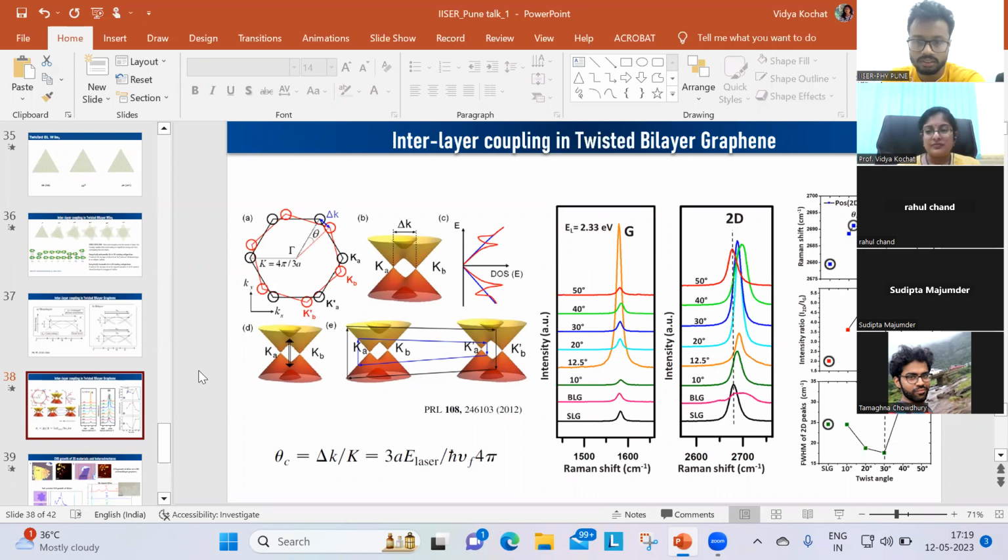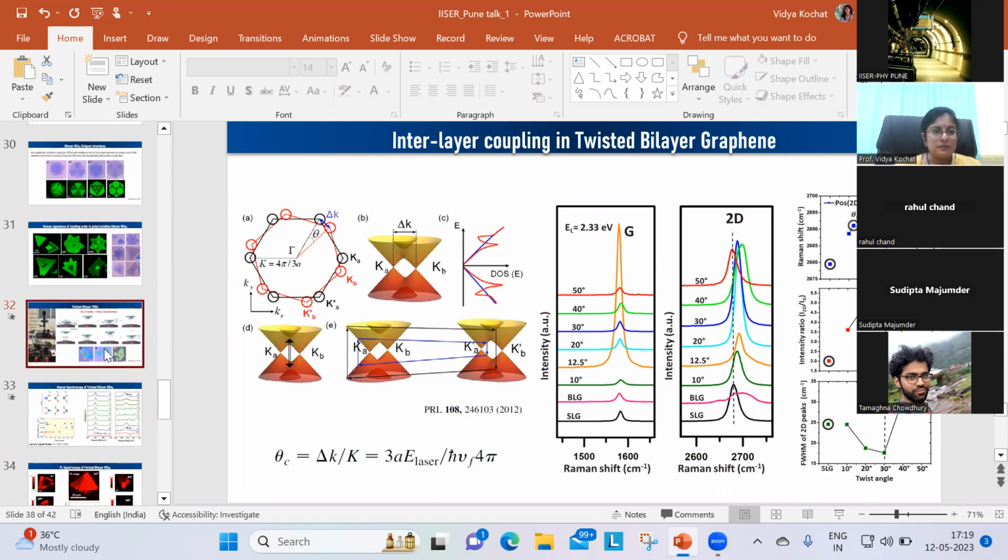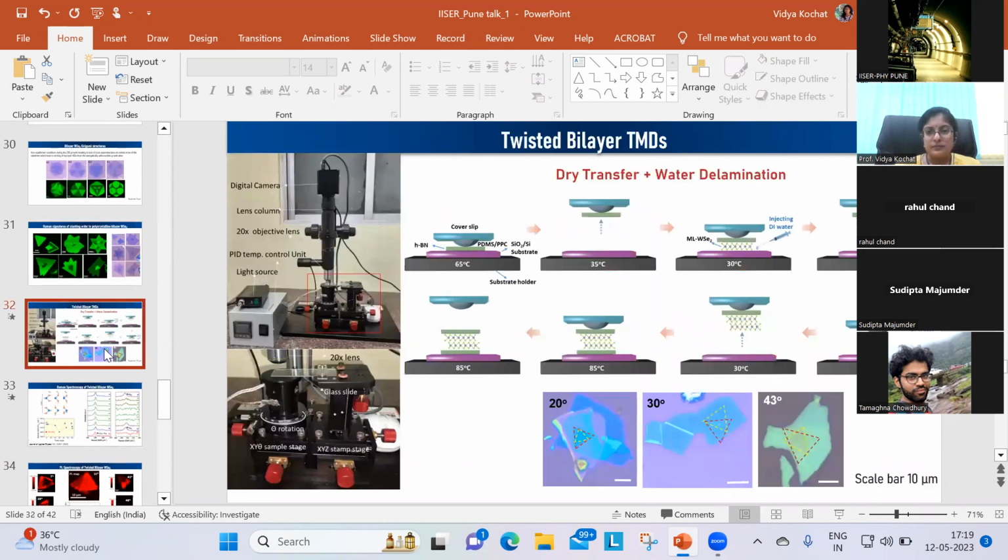I have one more question. So in the transfer system, that slide. So in the last, or maybe in the other step, you are picking one of the TMDs with another TMD. So how much is the success rate of that step? Like after twisting, you are picking the whole stack.